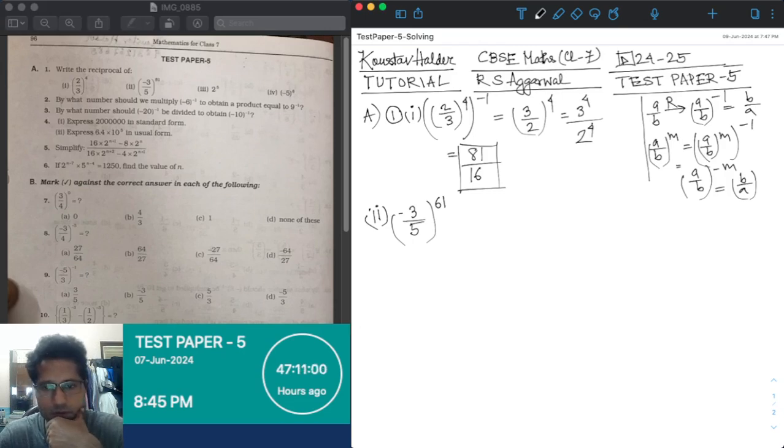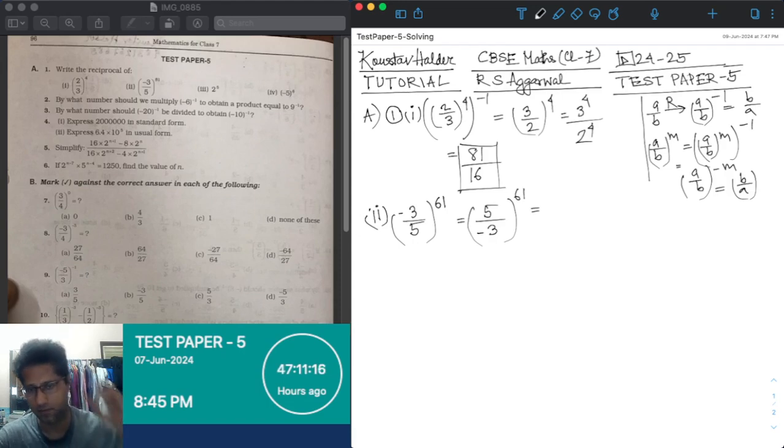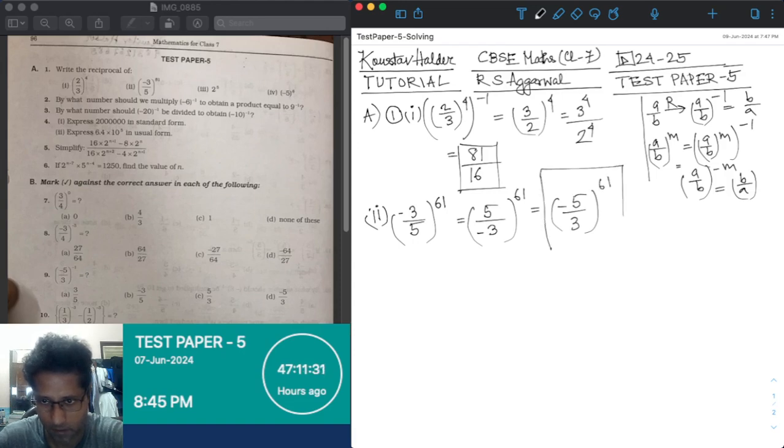The reciprocal of this is nothing but the reciprocal of the base, that is 5 by minus 3, and this is to the power 61. Now the rational number 5 by minus 3 is not in standard form. We have to make the denominator positive. So this becomes minus 5 by 3 raised to the power 61. This is the answer. Okay.